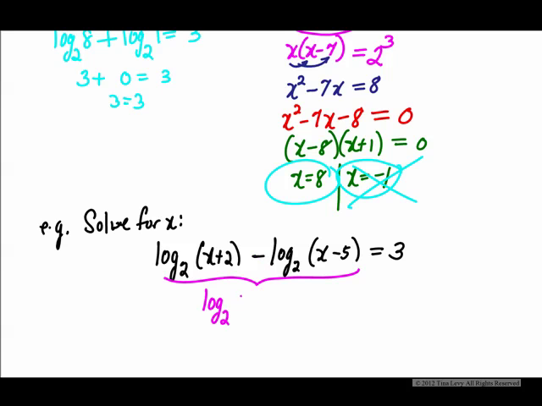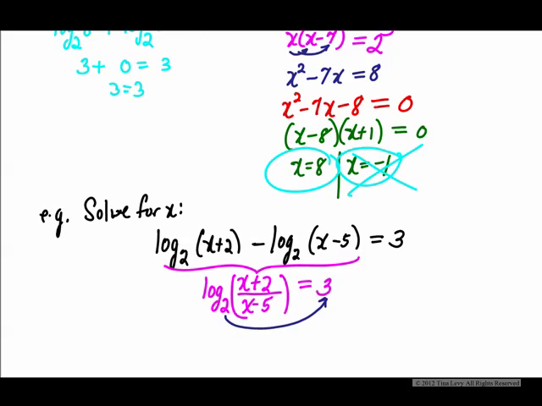It's subtraction, so it's x plus 2 divided by x minus 5 equals 3. We've had so much experience with the equivalent exponential, so we'll do the same here. We have 2 to the 3 equals x plus 2 over x minus 5.